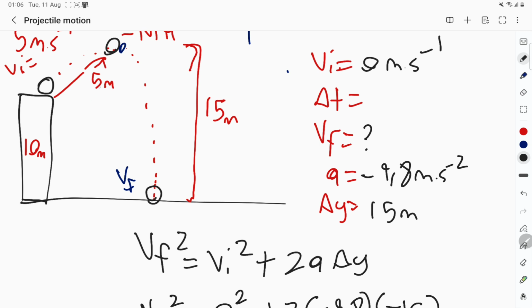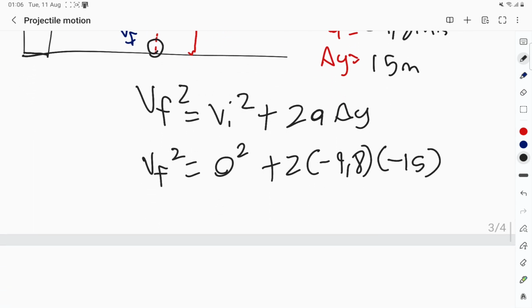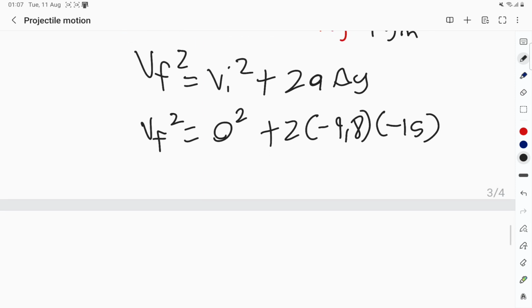Then I can use this 5 meters in the equation to get the time. In that case I will substitute this 5 as positive, because the ball is starting down and going up. But now, because I chose up as positive and this ball is starting upwards and going downwards, it means going in the opposite direction, so my displacement is negative.